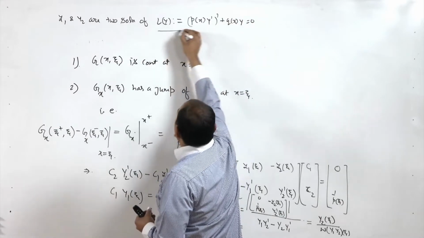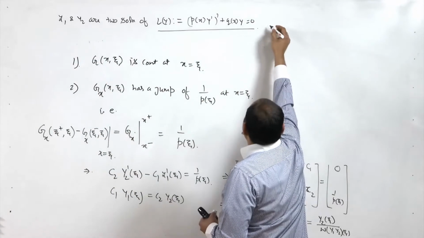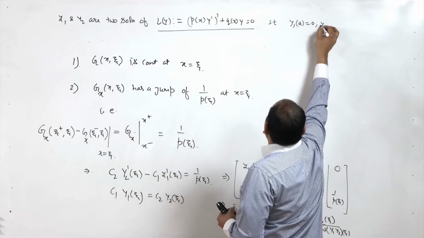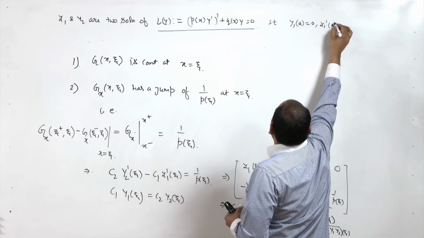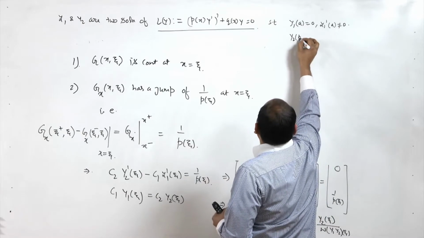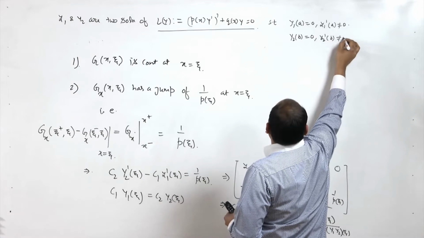So this is a linear differential equation. We have assumed Y1 and Y2 are two solutions such that Y1(a) equal to 0 and Y1 dash(a) is not equal to 0, Y2(b) equal to 0 and Y2 dash(b) is not equal to 0.